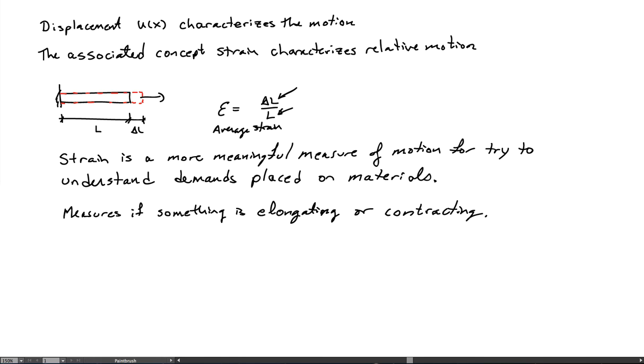Strain turns out to be a more meaningful measure of motion when you're trying to understand the demands that you've placed on some type of material system by applying loads to it. It tells you whether something is elongating, in other words, suppose it's a crystalline material, the space between the atoms is getting larger, or is contracting, the space between the atoms is getting narrower.